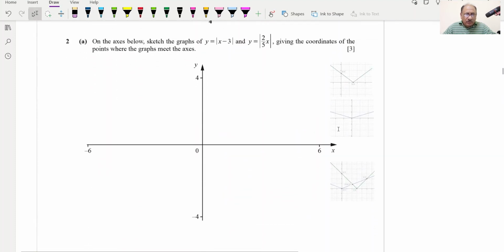Now question number 2, part A: on the axis below, sketch the graph of these two equations, giving the coordinates of the points where the graph meets the x-axis. First of all, we will be checking y equal to mod x minus 3, and for this we can divide the axis into 6 portions.